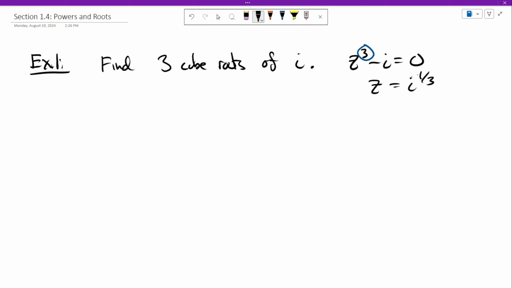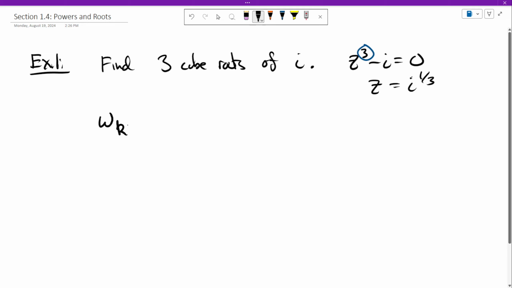Now, with polar form, we can derive a formula for what these cube roots of i are. It's done in our book, so let me just write down what they should be.